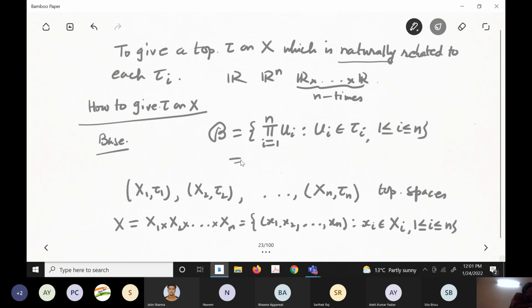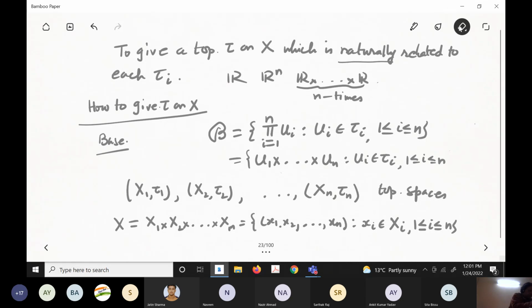That means we are taking all the open sets from each tau_i and taking the product, and this will be a base. You can check, it won't itself be a topology.